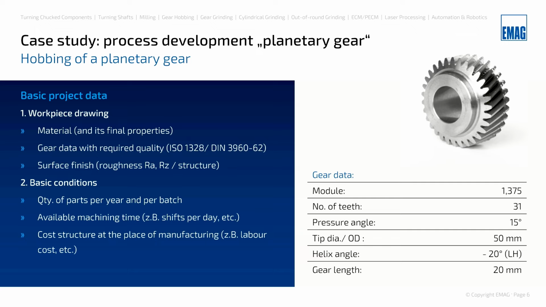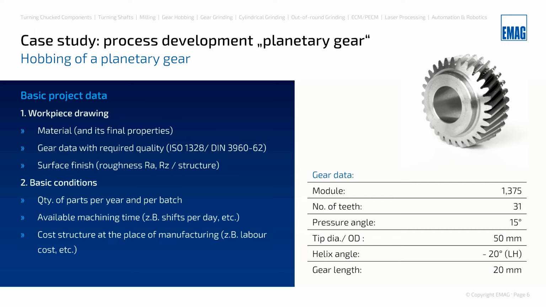And then we have still other basic conditions, such as, for example, the quantity of parts per annum, quantity of parts per batch, the efficiency with which we machine, that means the available machining time, shifts per day, hours per shift, etc. And with regard to cost per part, the cost structure at the place of manufacture plays also an important role.